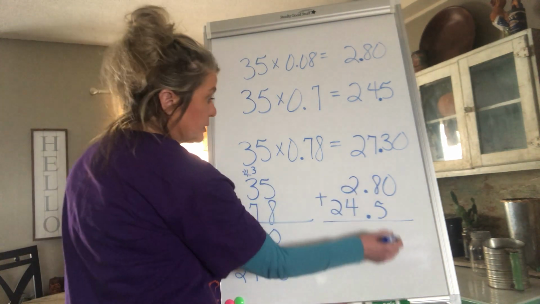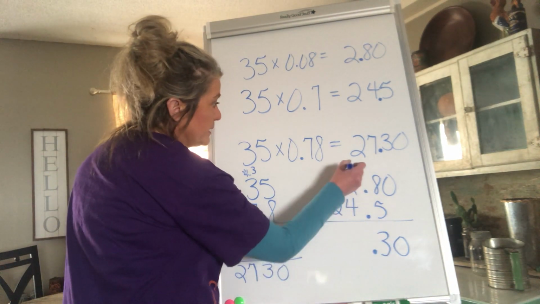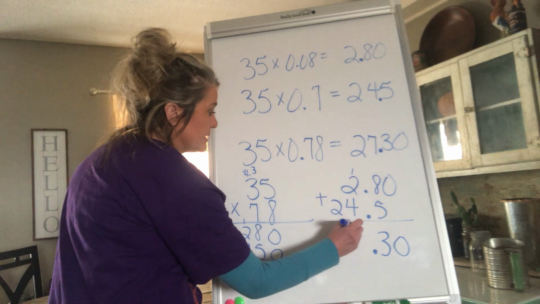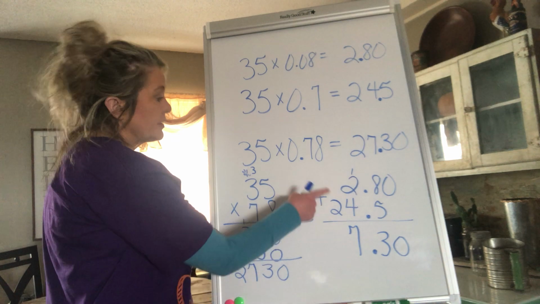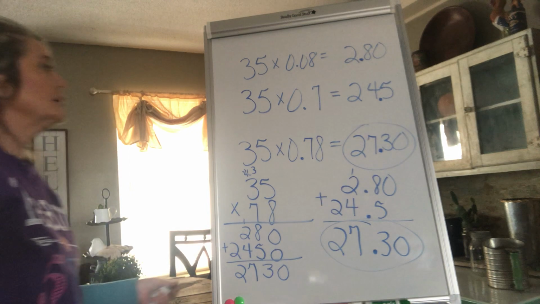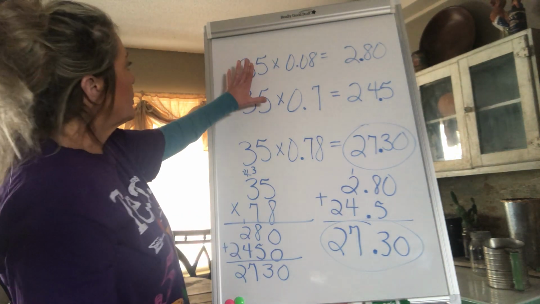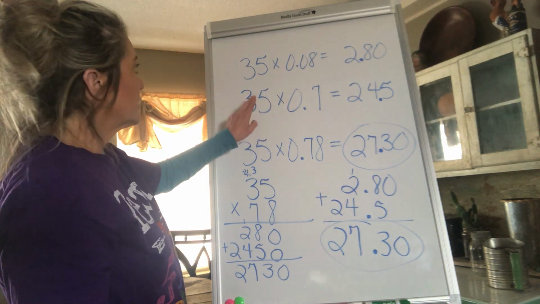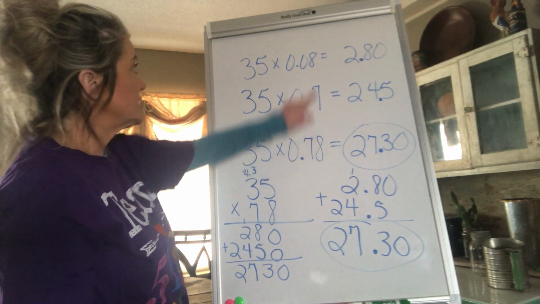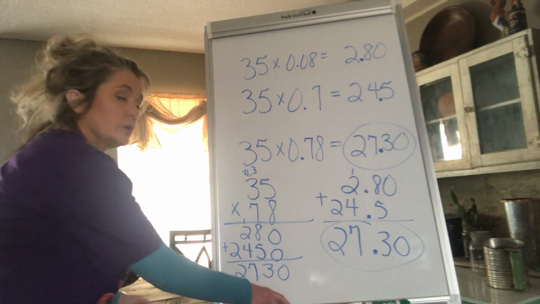Okay, I would have 0 plus nothing is 0. 8 plus 5 is 13, carry the 1. 2 plus 4 is 6, plus the 1 I carried is 7. And 0, or nothing plus 2 is 2. So look, yeah, I came out with exactly the same answer. So if you already have done a whole number part times a hundredths, and then a whole number part times the tenths, if they get put together, the 7/10ths and the 8/100ths, then all you would have to do is add those two together to get your final answer.